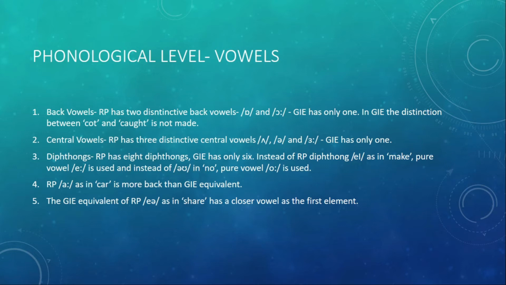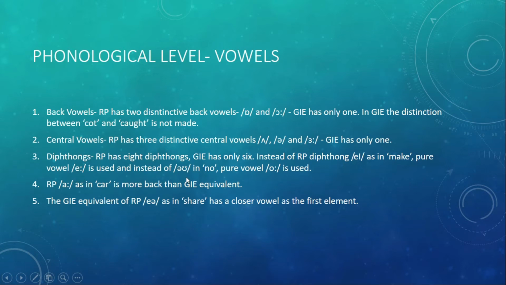And when it comes to diphthongs, RP has 8 diphthongs, but GIE has only 6 diphthongs. A diphthong like the one in make, we tend to prolong it. Instead of the diphthong, we utter it like a pure vowel, make.